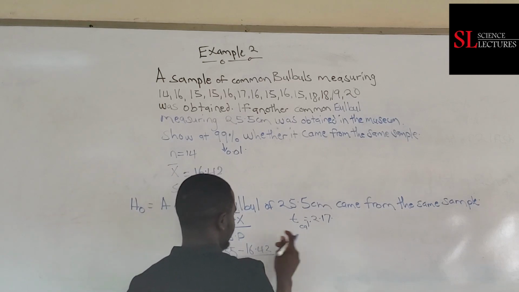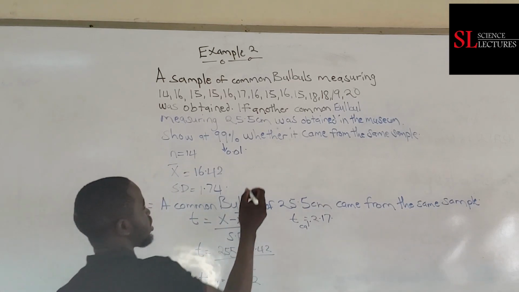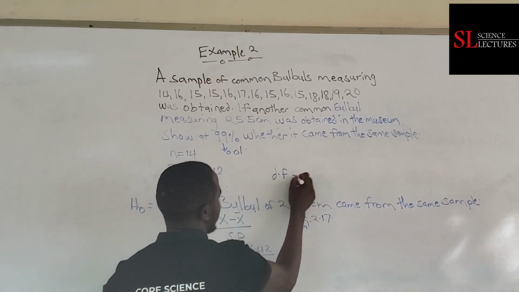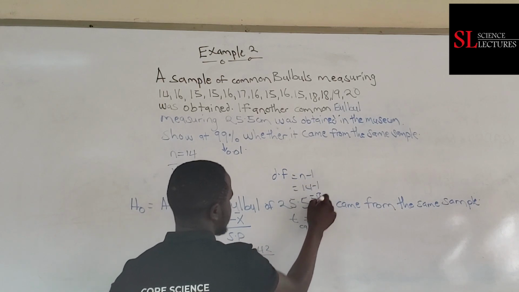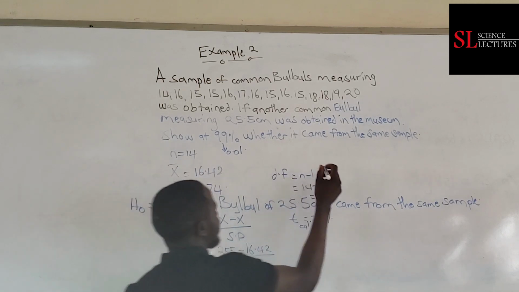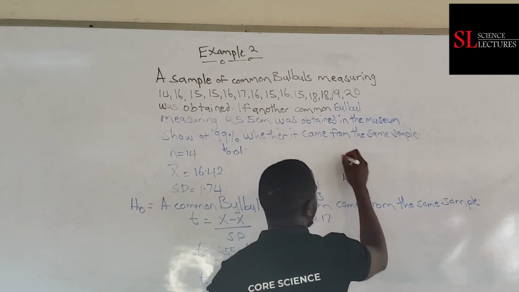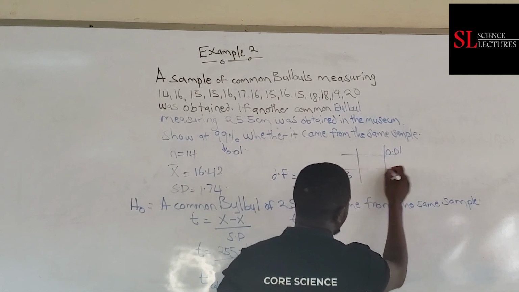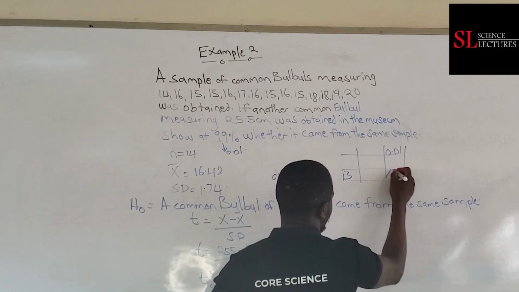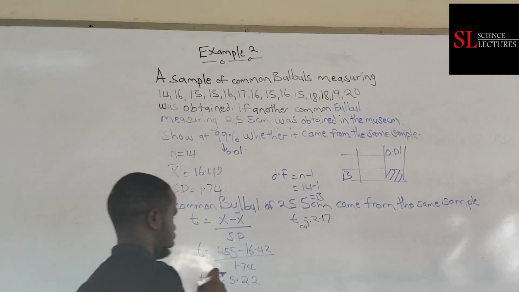Sorry, I forgot to talk about the degrees of freedom. We say it is n minus 1, which is 14 minus 1, which gives me 13. So you look for where 13 and 0.01 meet. Where they meet is the value that you read off.